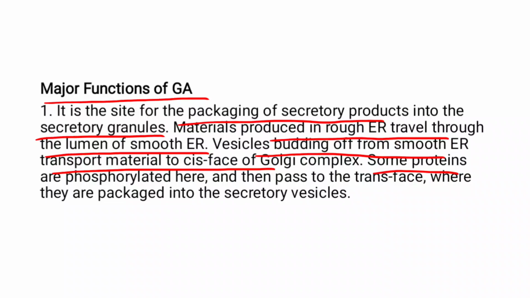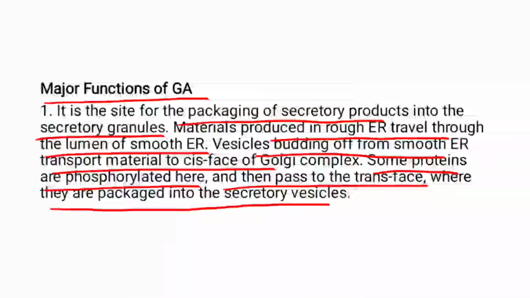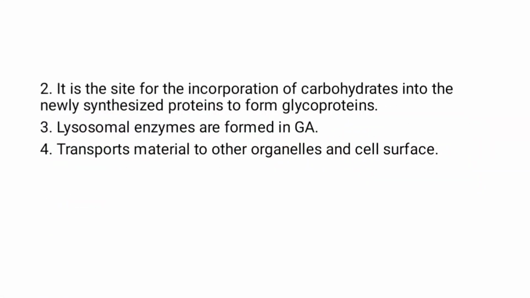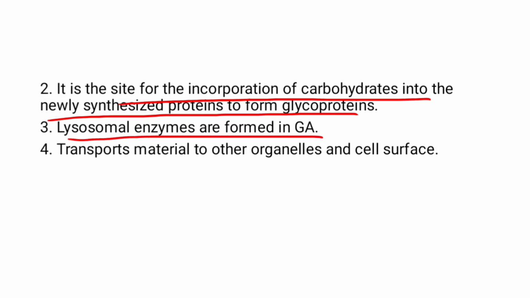Some proteins are phosphorylated here and then pass to the trans face, where they are packaged into secretory vesicles. It is the site for the incorporation of carbohydrates into newly synthesized proteins to form glycoproteins. And lysosomal enzymes are formed here in the Golgi apparatus. It also transports material to the other organelles and the cell surface.